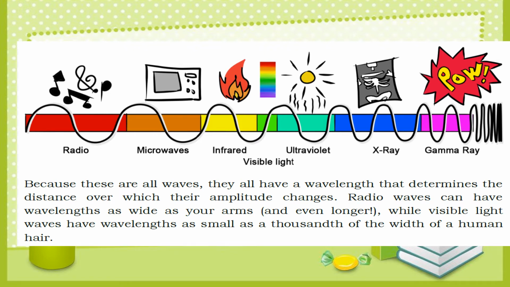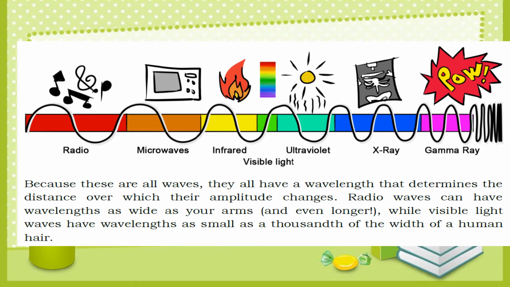The colors depend on their wavelength. So the higher the wavelength, the lesser the energy is. So the red color indicates it has less energy.